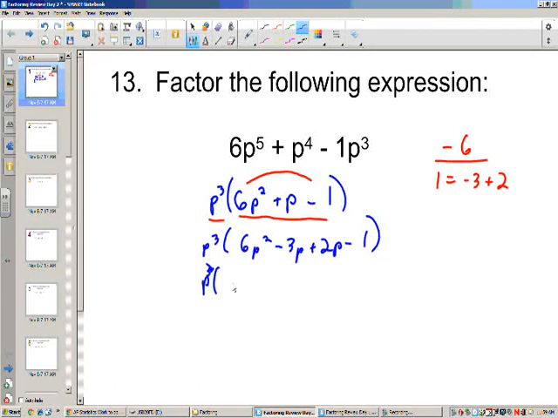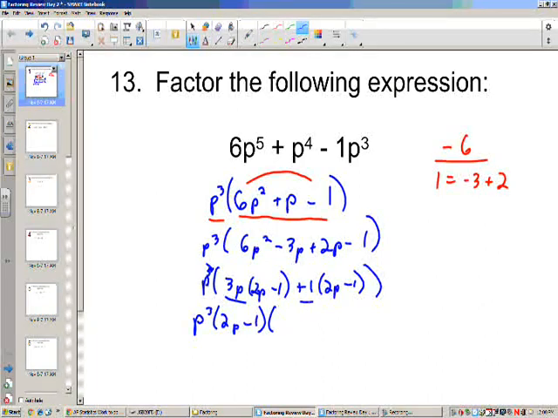Out of these first two, I can take out a 3p, leaving 2p minus 1. On these last two, there's nothing I can take out, so that's a 2p minus 1. Now if I factor this 2p minus 1 out, so I have p to the third, 2p minus 1, what's left over is just this 3p and the plus 1. So this factors down to p to the third times 2p minus 1 times 3p plus 1.